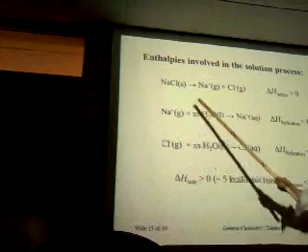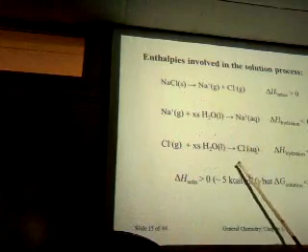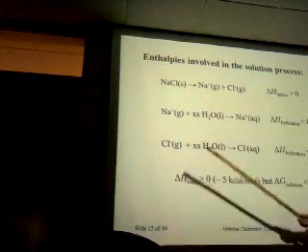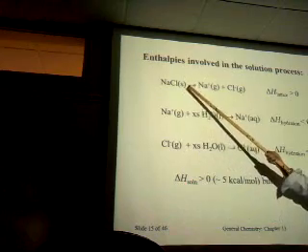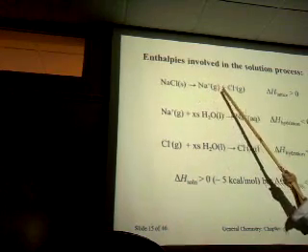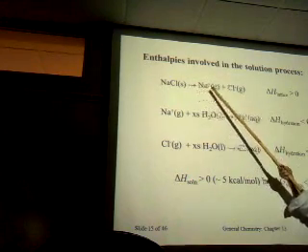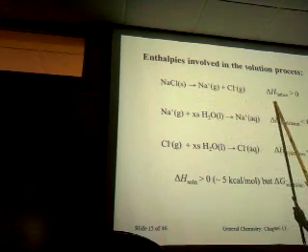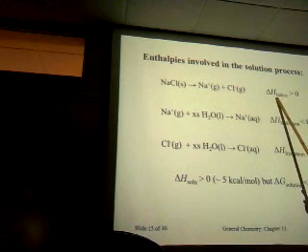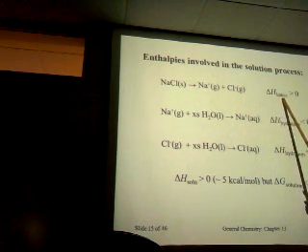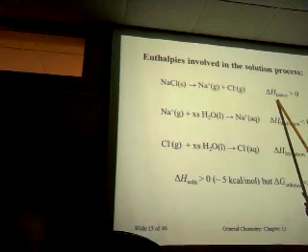Whenever we dissolve something in solution, energetically, there are three processes that happen. One, we got to break the solute-solute interactions. So what are we breaking here? We're breaking the lattice. How much energy is that going to cost? A lot. 780 kilojoules per mole.